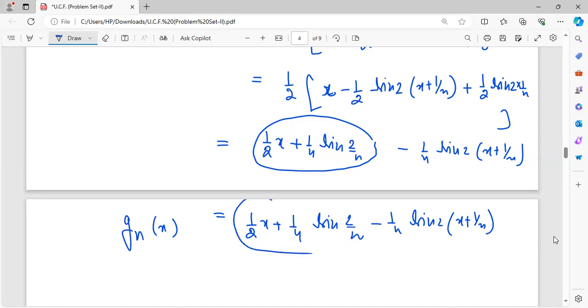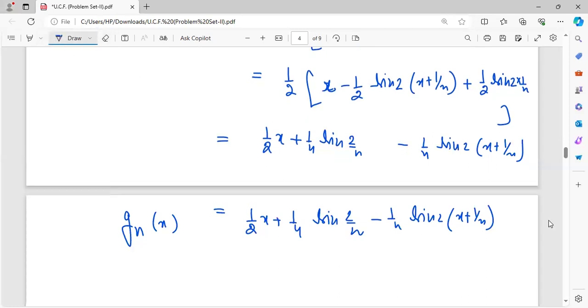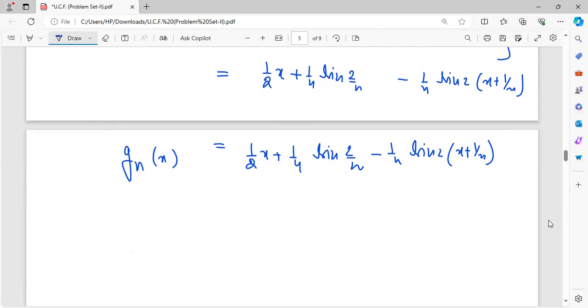Now this function is uniformly convergent. You can check it directly. What is the pointwise limit of g_n(x)? Where will it converge?